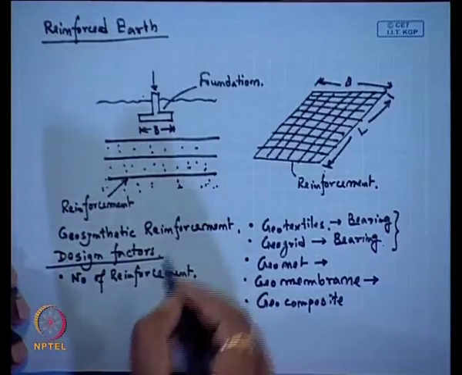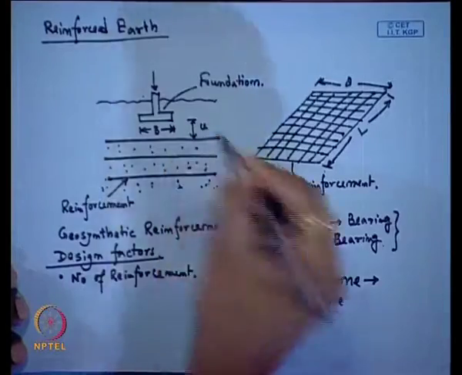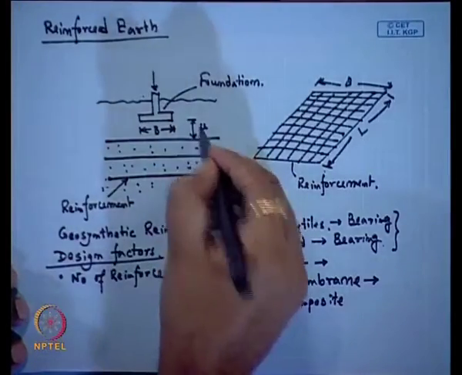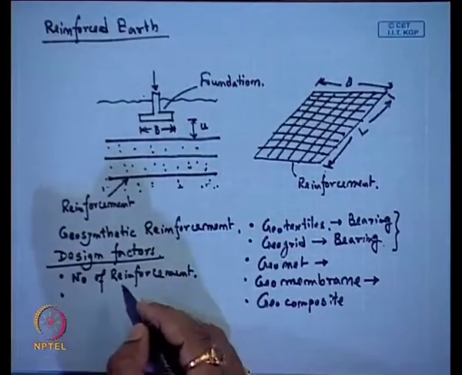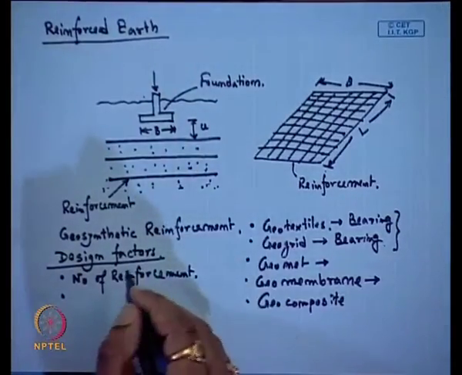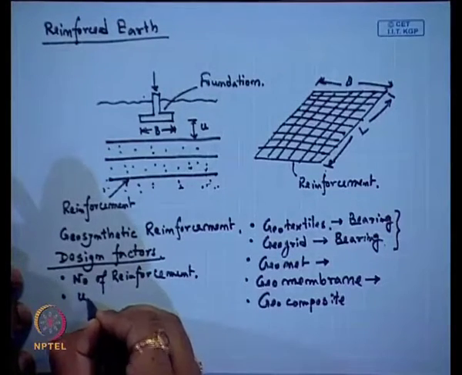The next design factor is where we will place the top reinforcement layer. This is U, the depth where we will place the top reinforcement, and that is one thing we have to decide.